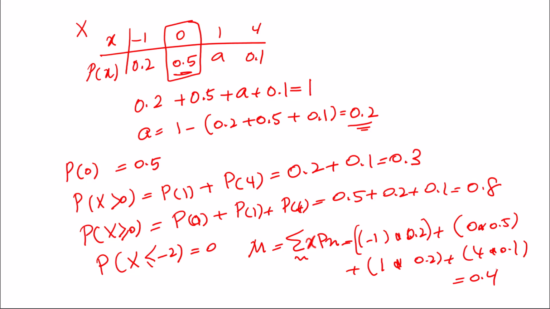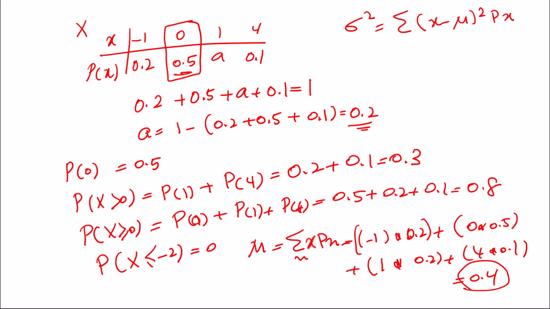The variance, which we show by sigma square. Sigma square is the sum of (x minus mu) square p of x, right? So what is the average? 0.4. So each one minus 0.4.